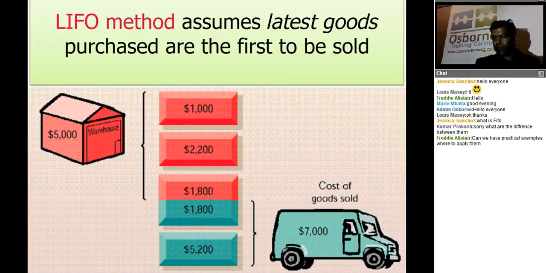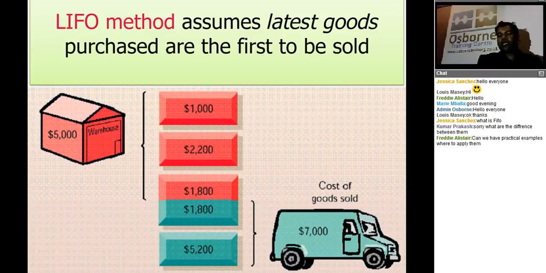Well, Freddie Alistair has just asked a question, whether we can have practical examples of where to apply them. Oh, definitely. It is mainly for businesses that are goods-based, who sell goods or products. Obviously, it's not going to be applicable to the service industry.